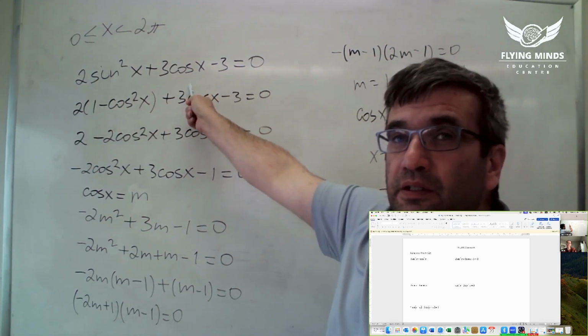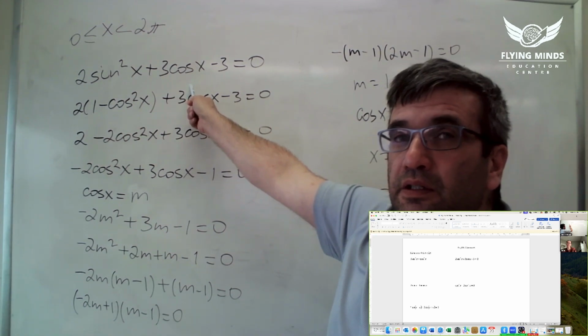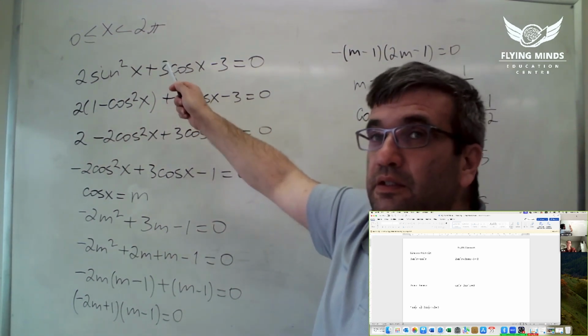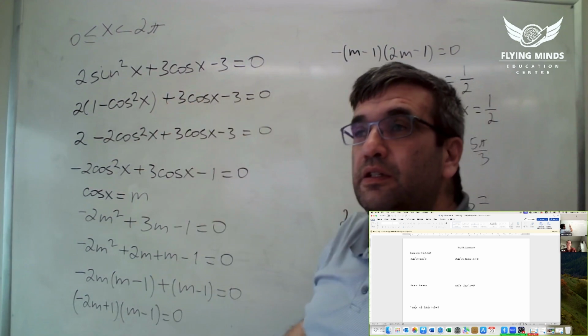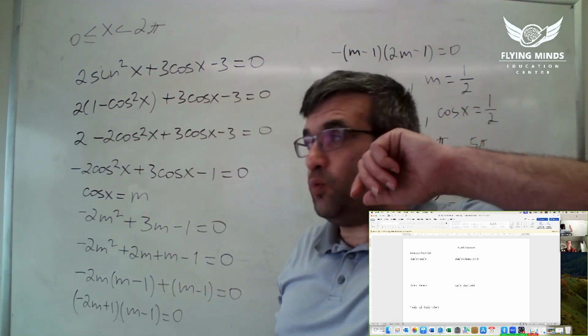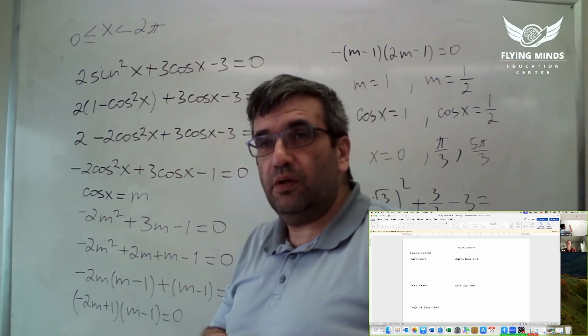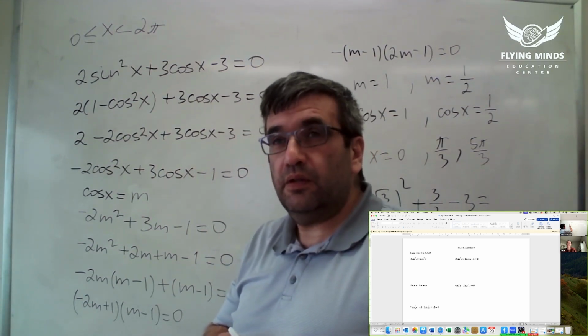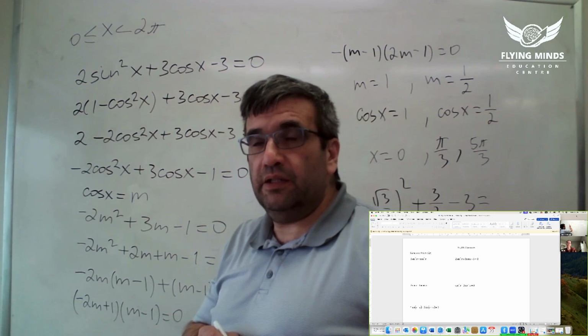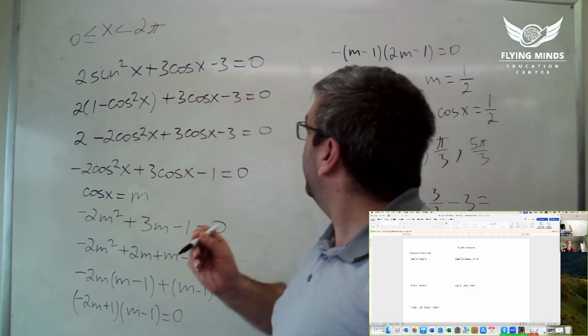X is equal to 0. Okay, 1. But, or do we have to say pi over 2? No, cosine of 0 is 1. When x is equal to 0, cosine of 0 equals to 1.